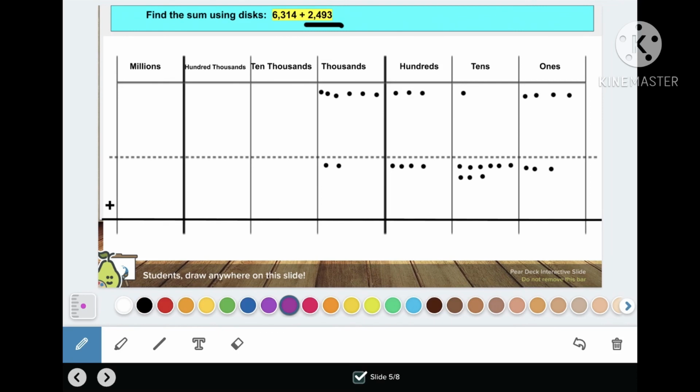All right, you guys. Now, remember when we're finding the sum, we are combining. So let's look back at our ones and let's begin combining. 4 ones plus 3 ones equals how many ones? Good job. It equals 7 ones. Now let's move on to our tens. 1 ten plus 9 tens equals how many tens?